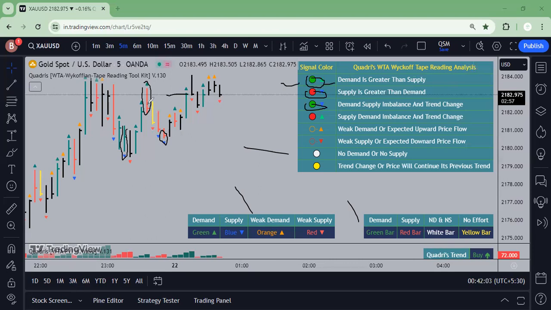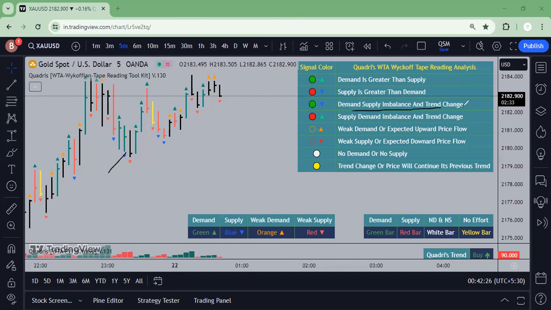If this kind of scenario, a red candle or bar with a blue triangle, occurs, that means supply is greater than demand. If a green candle with a blue triangle comes, this means there is a demand and supply imbalance and the trend is about to change.